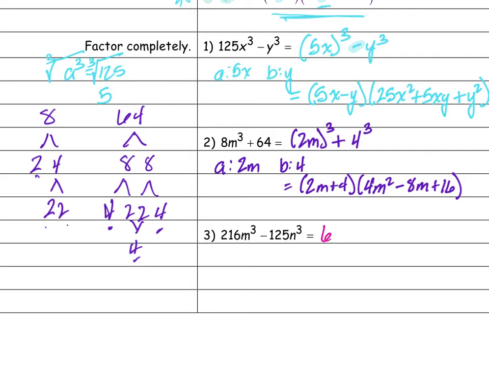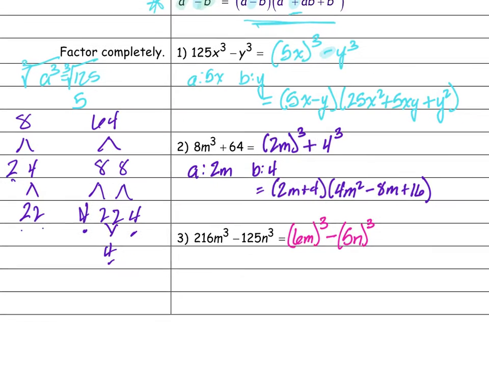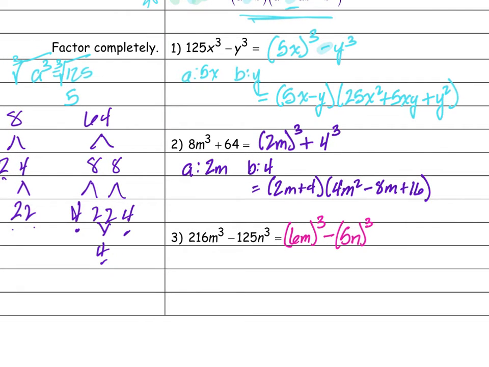So this would be 6m cubed equals 216m cubed minus, and we already know 125 is 5, so this would be 5n cubed. And it's minus, so we're going to use the a cubed minus b cubed. And I want to identify my a and my b. So my a term is 6m, and my b term is 5n.